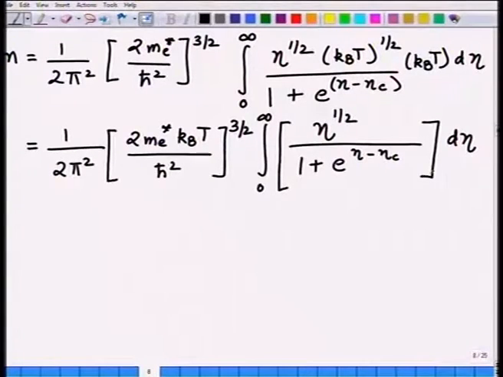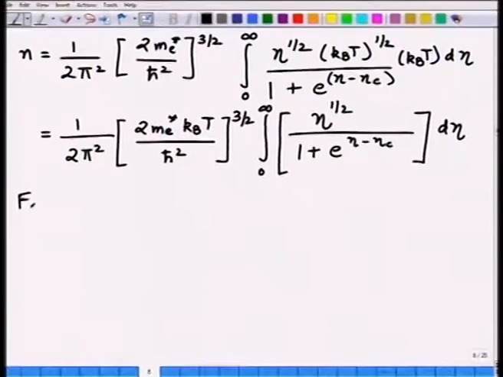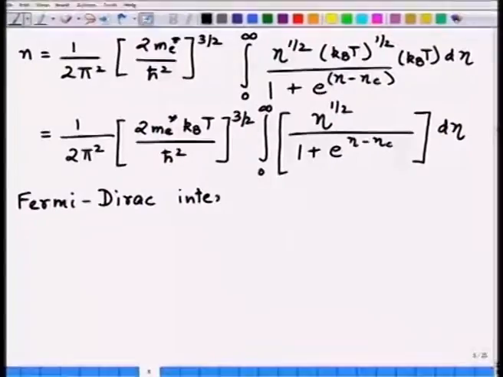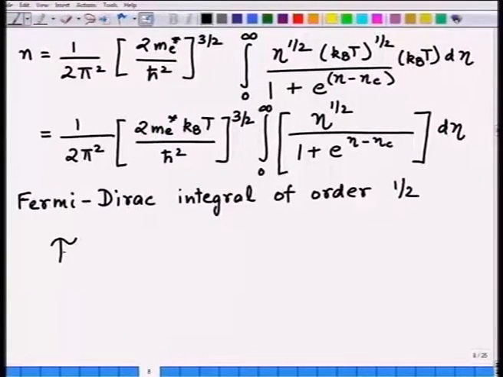This integration becomes like this. Now, let me introduce this Fermi-Dirac integral of order half, as F of order half of parameter called eta c in this case.